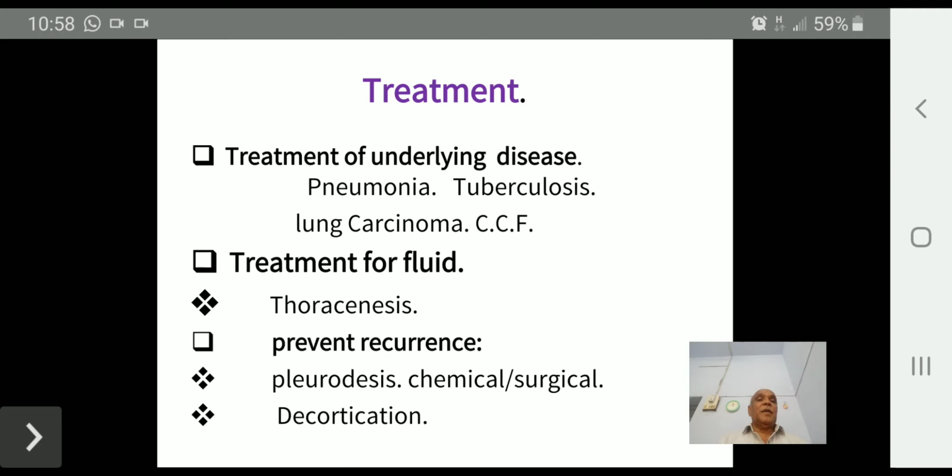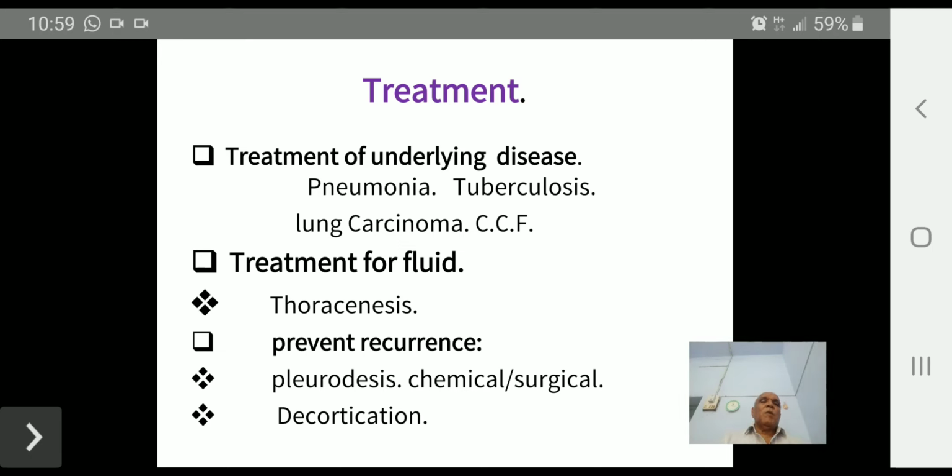With appropriate treatment of the underlying pneumonia, the fluid subsides simultaneously with the pneumonia. Once you suspect tuberculosis, you evaluate for tuberculosis by sputum for acid-fast bacillus, sputum for CBNAAT examination, and Mantoux test.